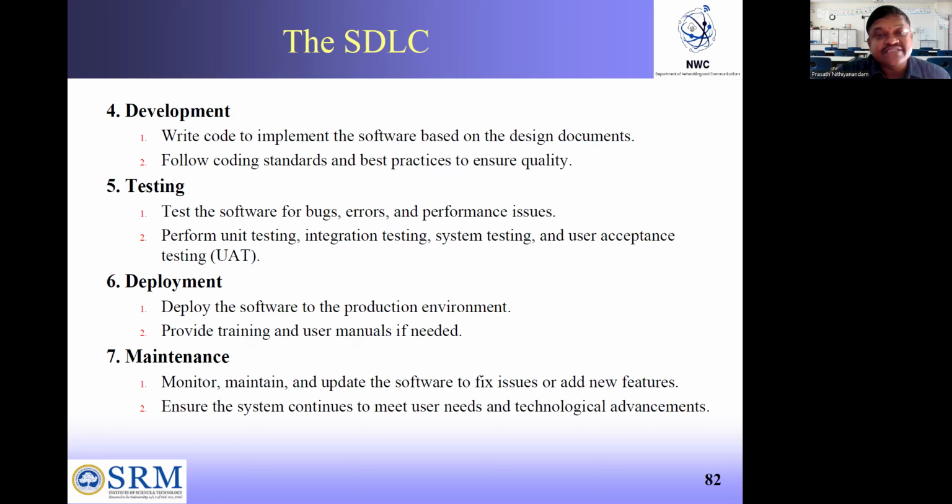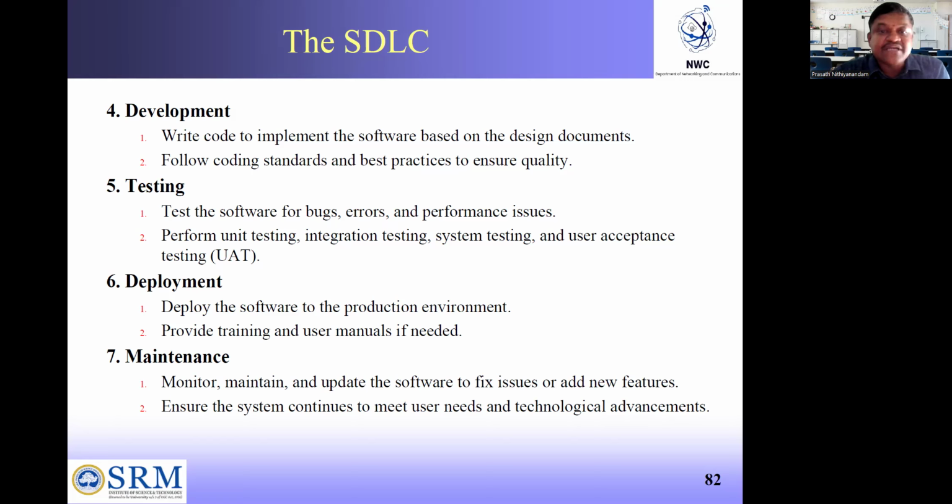The software is tested for bugs and performance issues through unit testing, integration testing, system testing, and user acceptance testing. We call it UAT. Thorough testing helps identify and fix problems before the software is released to the users.